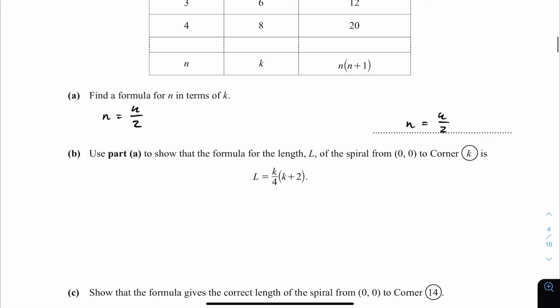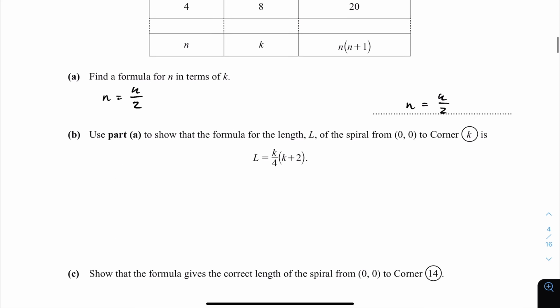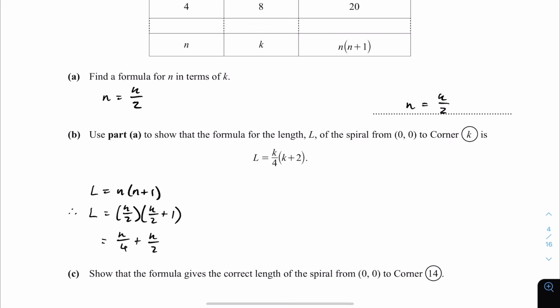Okay, so all we need to do is substitute K over 2 into this formula over here, which they've conveniently given. So let me write this as L is equal to n times n plus 1. So therefore, L is equal to, and then I'm going to substitute K over 2 in here: K over 2 times K over 2 plus 1, which is equal to K squared over 4 plus K over 2.